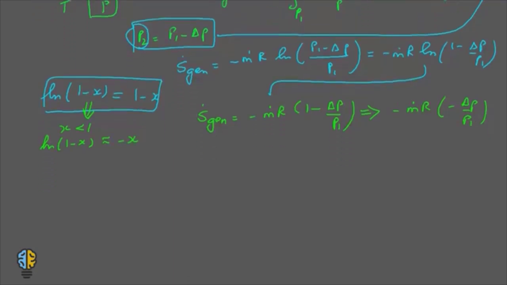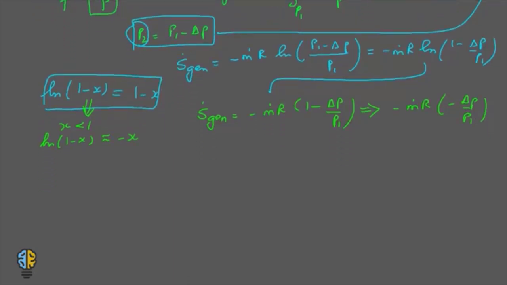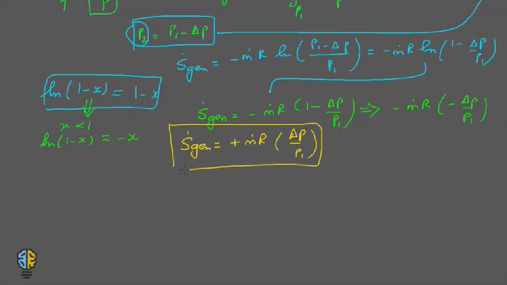So the value of the entropy generation rate is equal to plus m dot into R into delta P upon P1. So this is the expression we need to remember.